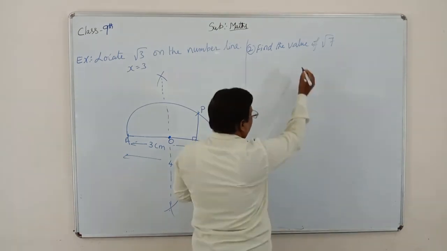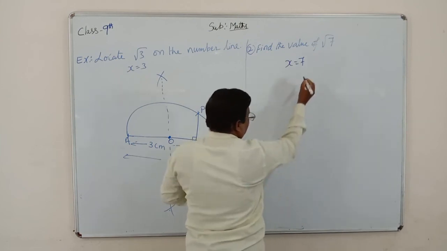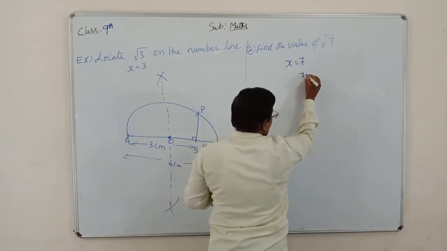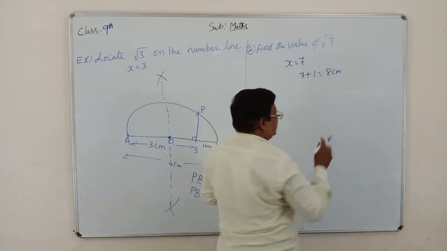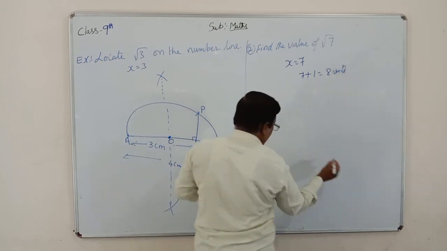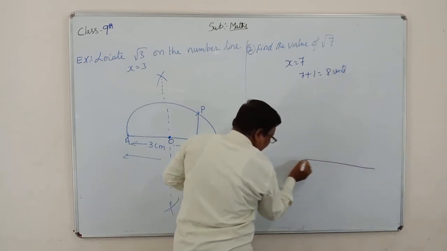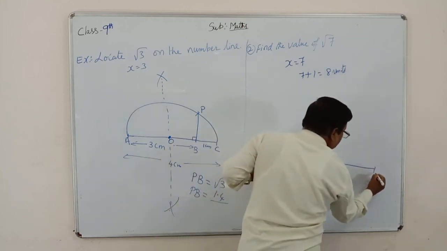See here, first x is equal to 7. You draw a line of 7 plus 1, which is 8 centimeters, 8 units. Draw a line of 8 units. From here to here, this is A, this is C, 8 units.